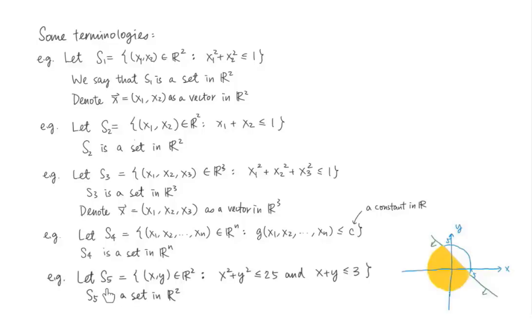Finally, we have the fifth set which contains points in R2 such that they satisfy both x squared plus y squared less than or equal to 25 and x plus y less than or equal to 3. This is a set in R2 and those points contained in this set S5 are points on the yellow region.